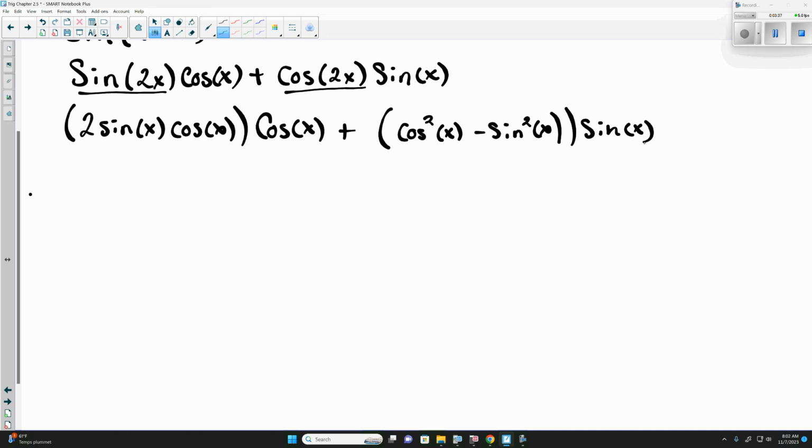We also have cosine of 2x is equal to 2 cosine squared of x minus 1. And we also have cosine of 2x is equal to 1 minus 2 sine squared of x. So we have 3 different options we could pick. I just went on and picked the first one.